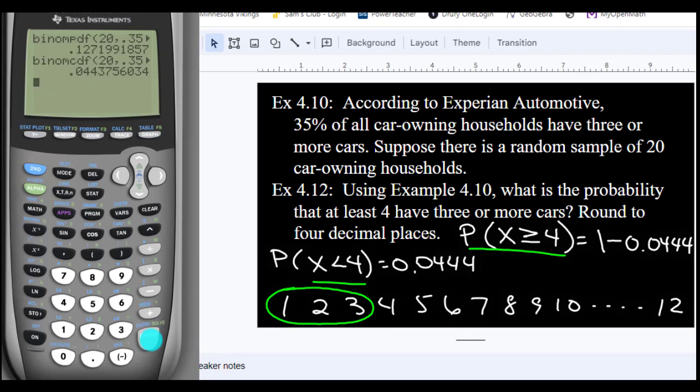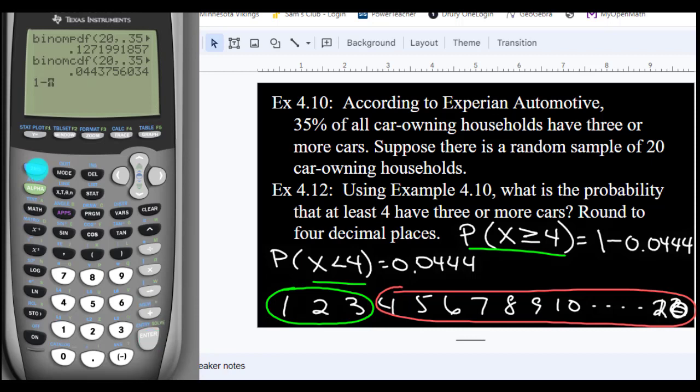What we're looking for this time is all the times when X is greater than or equal to 4. Whoops, I said 20, but I wrote 12. Okay, all the way up to 20. So you can see that that's covering all the possibilities, and so that's why we can just take 1 minus that 0.0444.